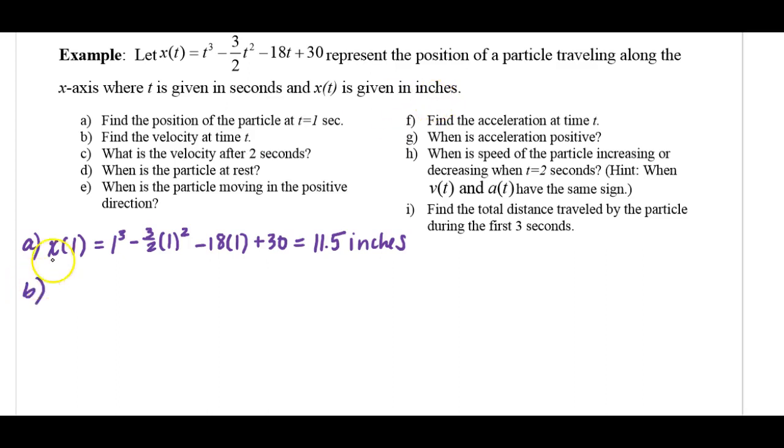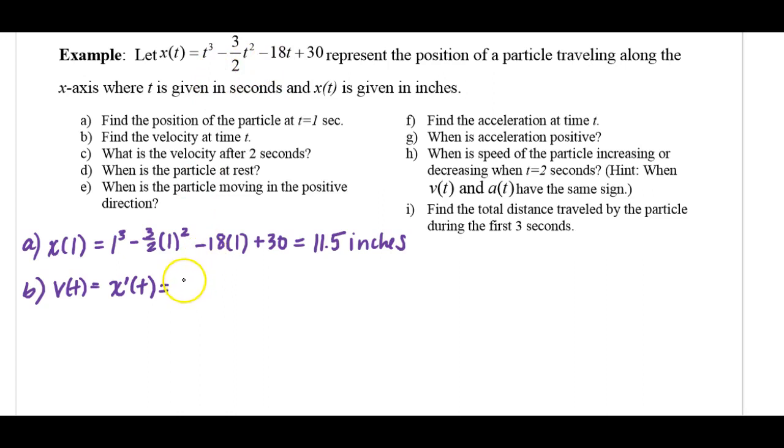So now for part B, I'm asked to find the velocity at time t. So I'm given the position function x of t. To find velocity in general, right, this is at just some time t, I need to take the derivative of position. So v of t is equal to x prime of t, so the generic derivative of position. And this is nice because we can just apply the power rule.